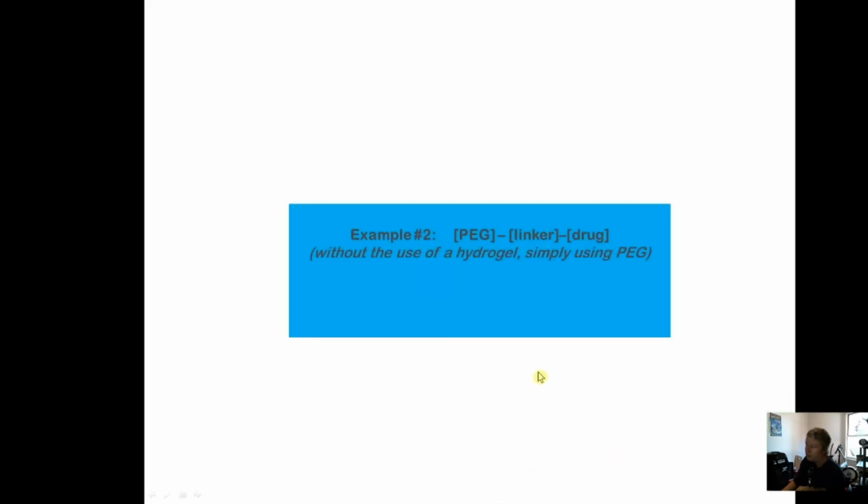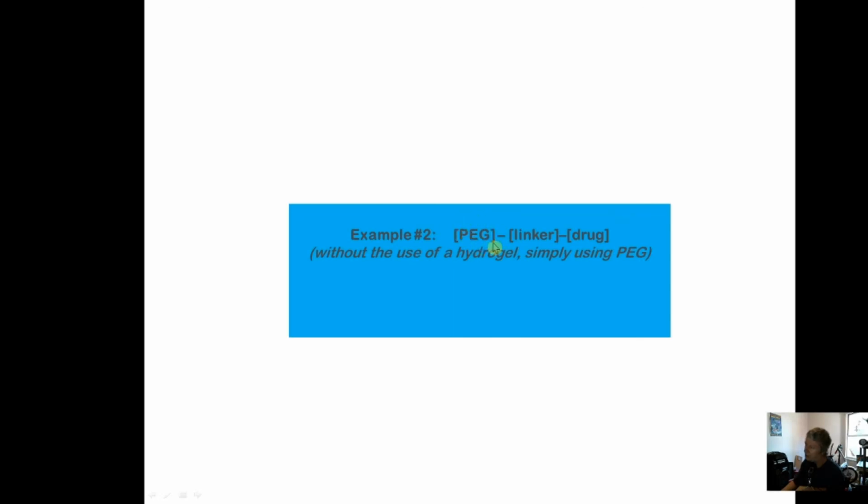Okay, one more thing that they did that's pretty cool is rather than using PEG hydrogel, what about the idea of just using PEG? Because PEG will immobilize a drug, it's just not as long.